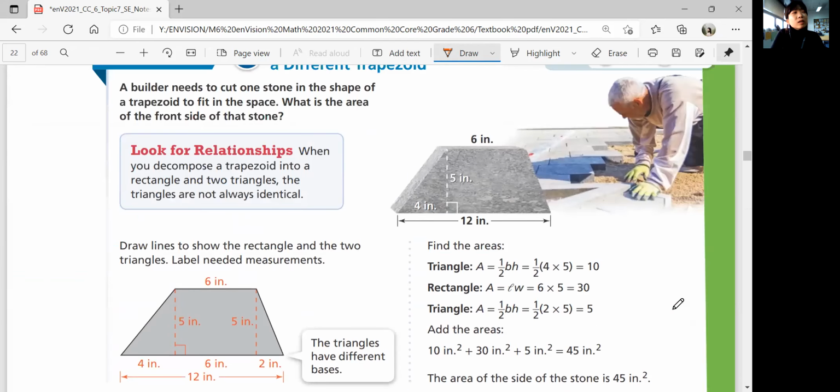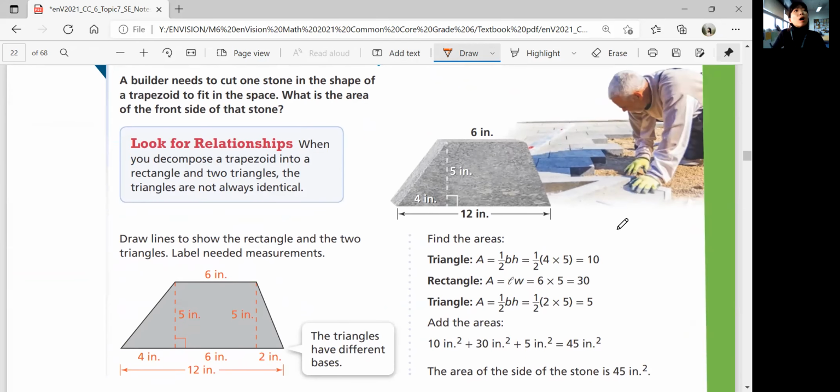Okay, so decompose and find the area. But if you simplify, the equation of the trapezoid is going to be 12 plus 6, so you add the bases together, divided by 2, and then multiply by 5. But you'll learn that later.